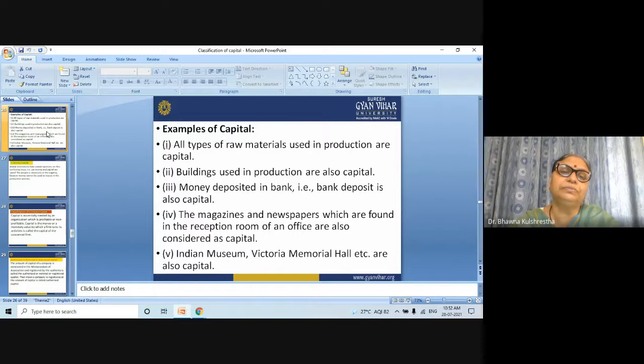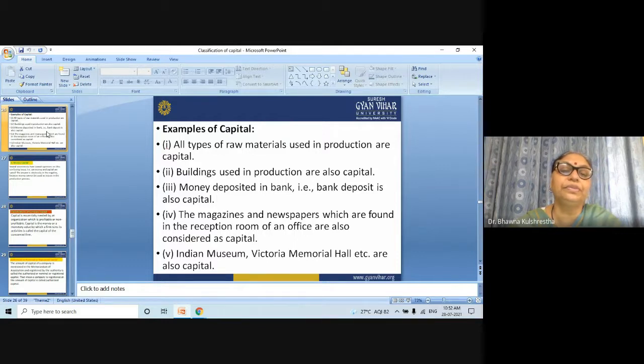Buildings used in production are also capital. The third one is money deposited in a bank, that is, bank deposit is also capital.